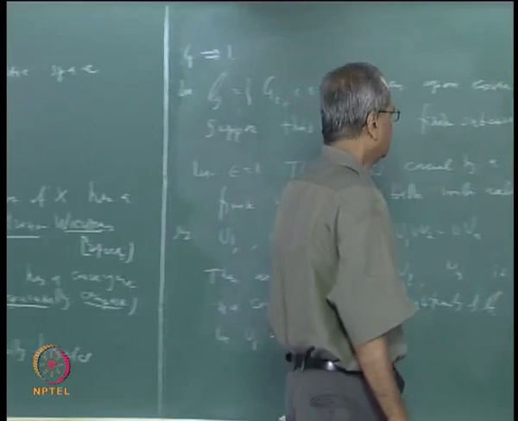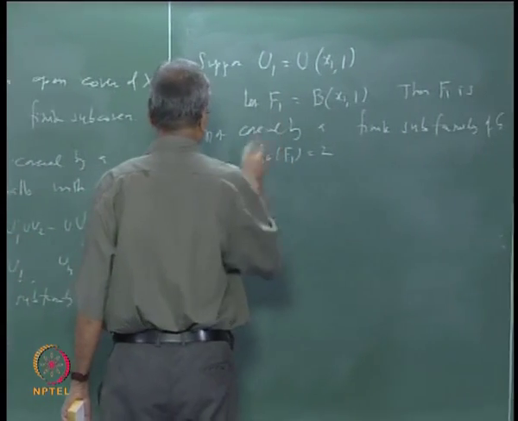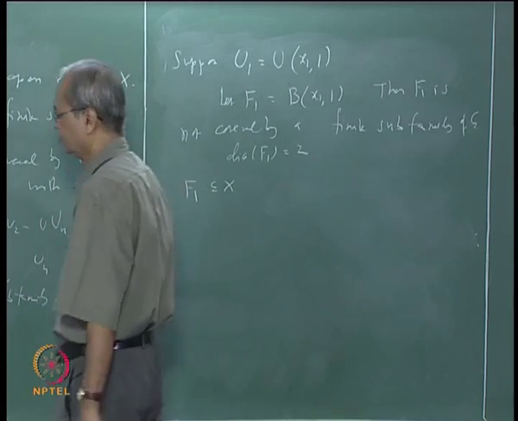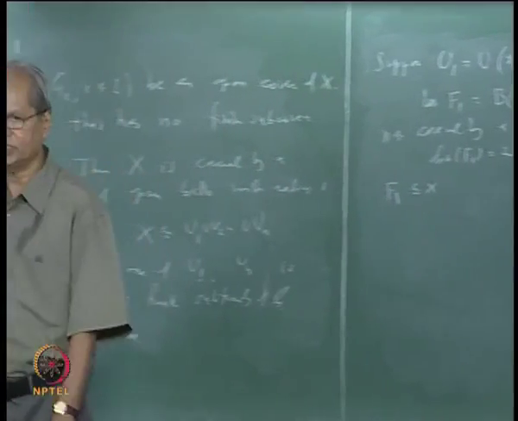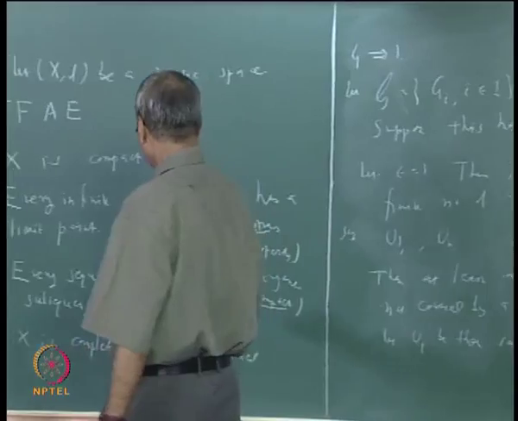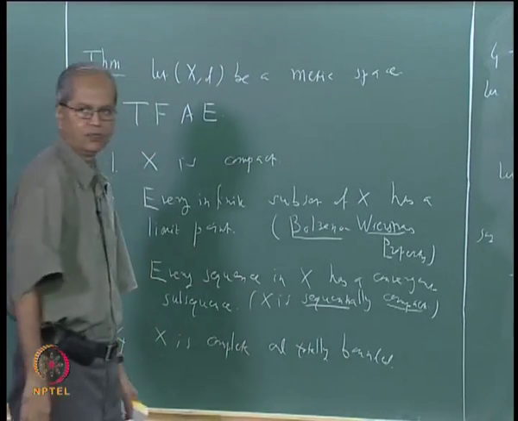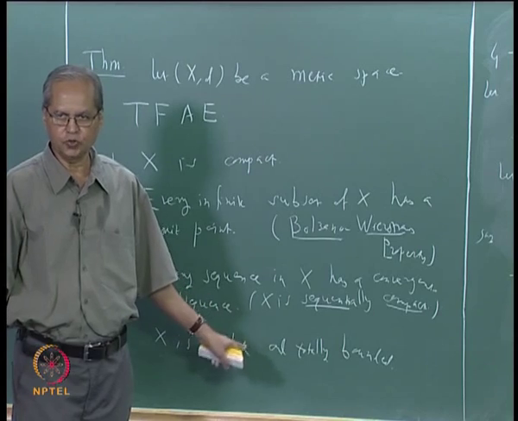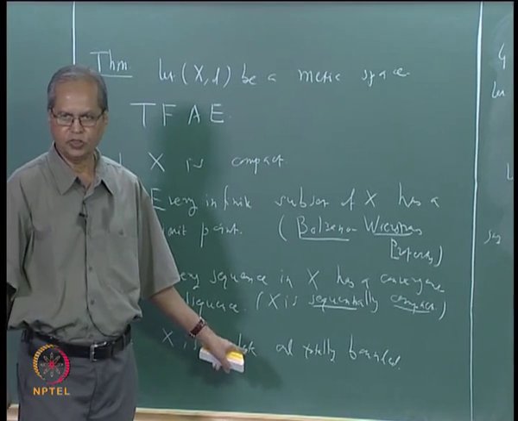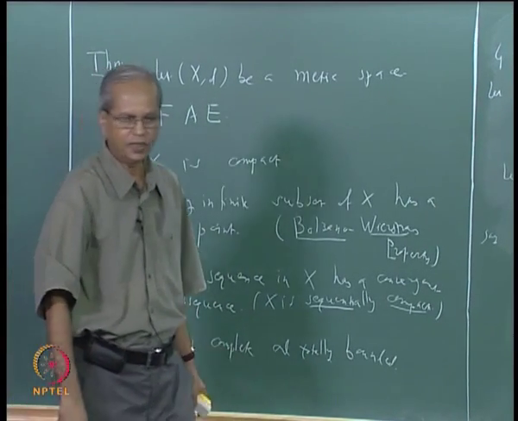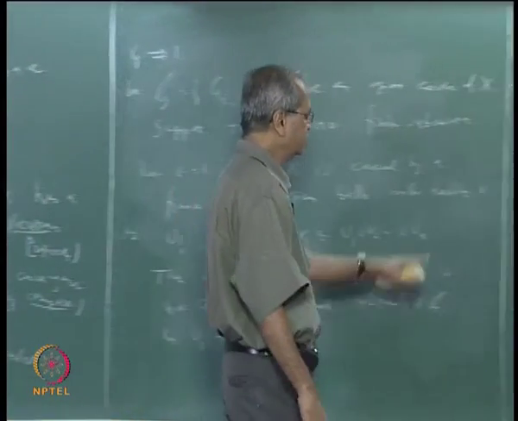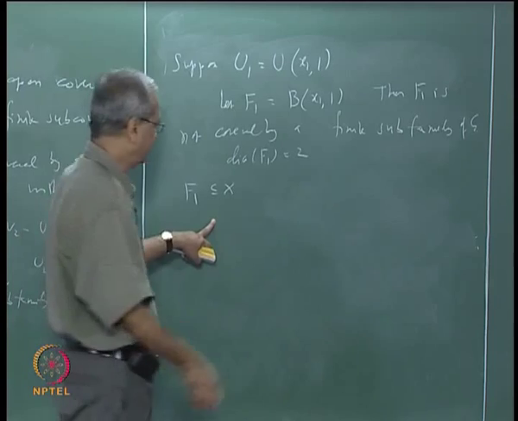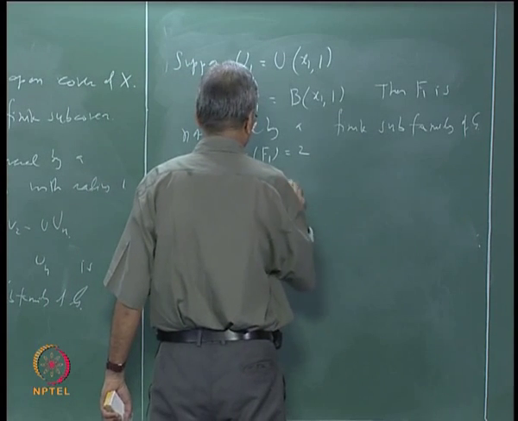There is one more property of F1, namely that F1 is contained in X. Everything is happening inside X, and X is totally bounded, and we observed yesterday that every subset of a totally bounded set is again totally bounded. So F1 is contained in X, hence F1 is totally bounded.